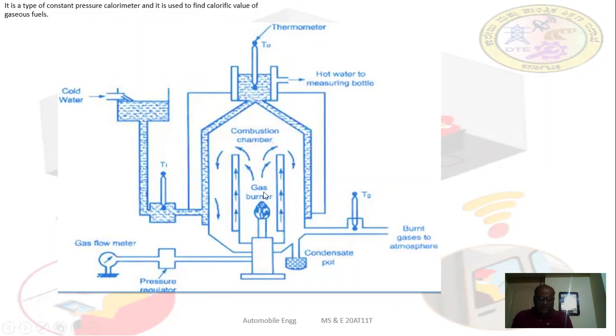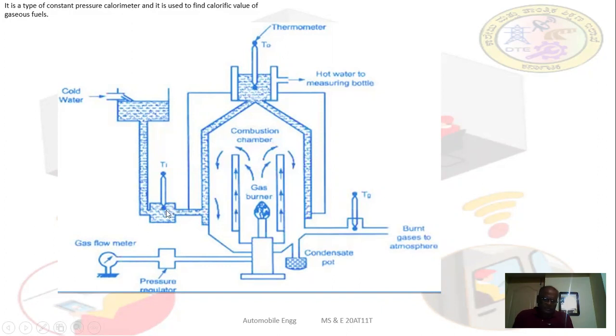Then, when the fuel burns inside the combustion chamber of this Jenkins calorimeter, the burnt gases will be condensed, and that condensate is collected in this part. Then the temperature of that exhaust gas is also known. Here three thermometers are provided.